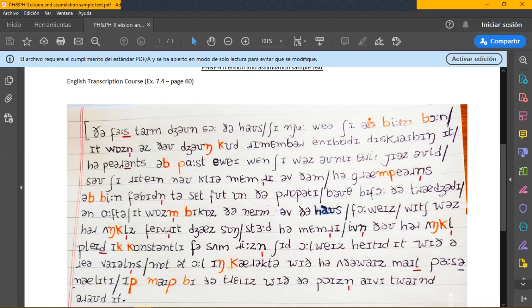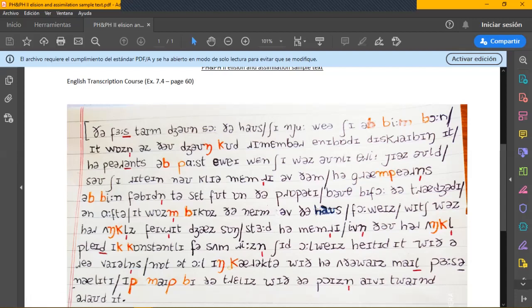Here we have another example of assimilation, as happened exactly here, or here, it's the same example. Another example of elision and its corresponding syllabic consonants. Then here we have the same process again.